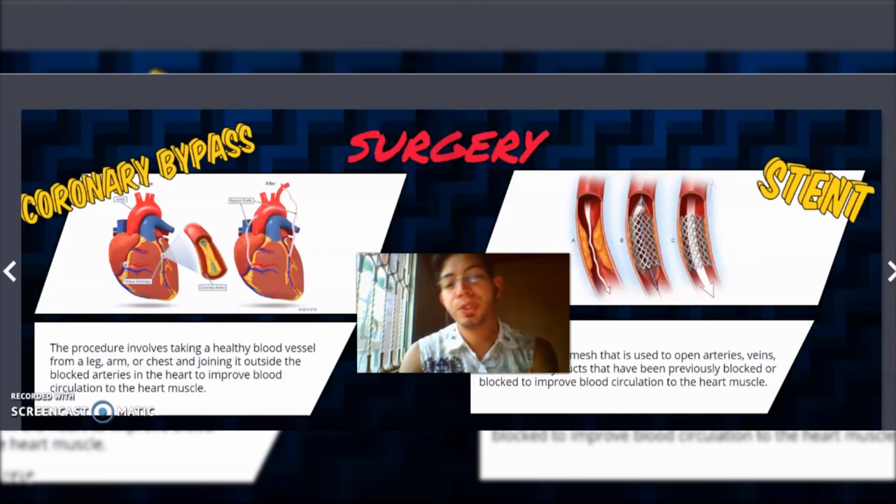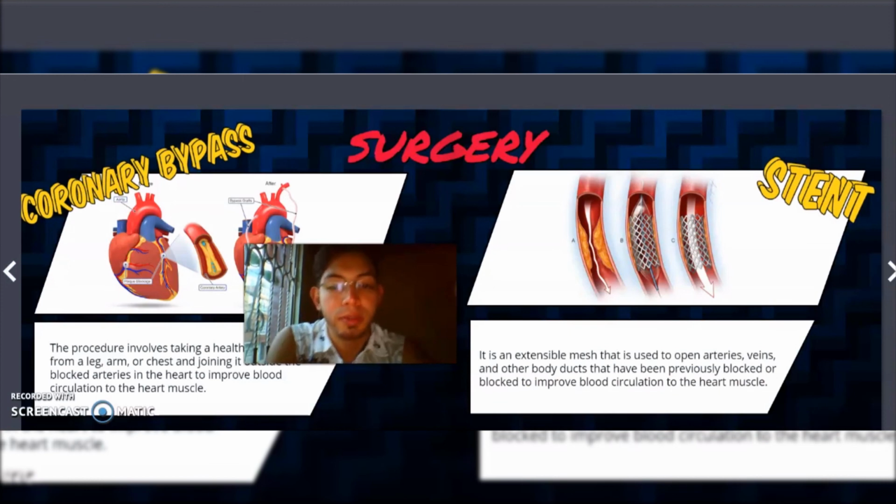The procedure involves taking a healthy blood vessel from one leg, arm, or chest and placing it around the blocked arteries in the heart to improve blood circulation of the heart muscle. A kind of cardiac bridge is made between one and another of the coronary arteries, around the occlusion at that point.